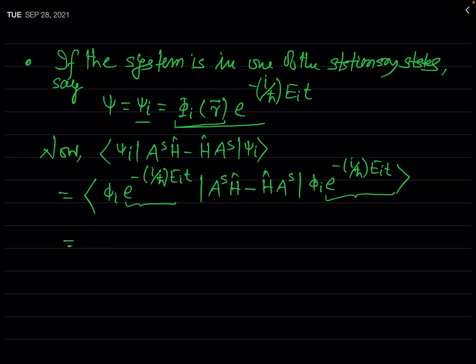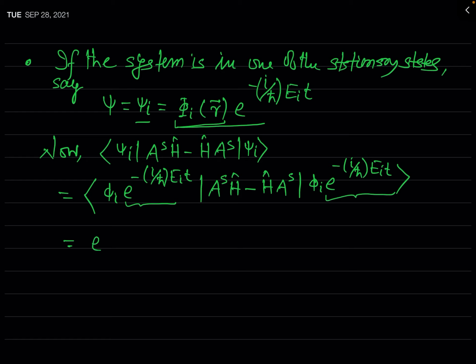So when we take out the exponential factor inside the bra symbol, we must take its complex conjugate. So what will that be?